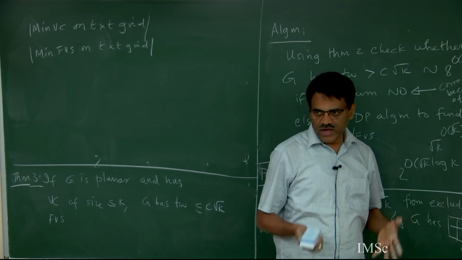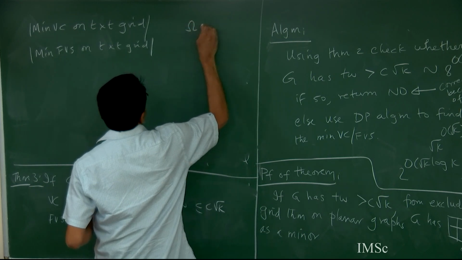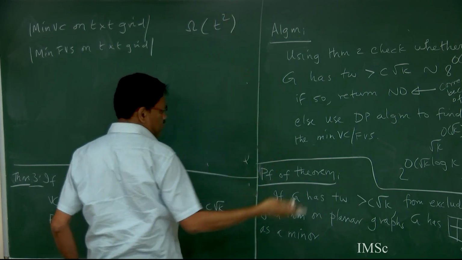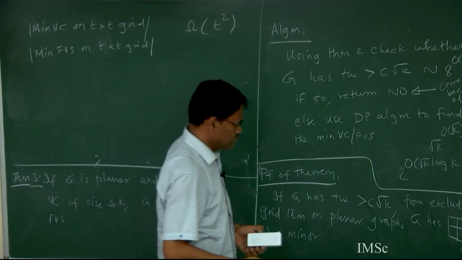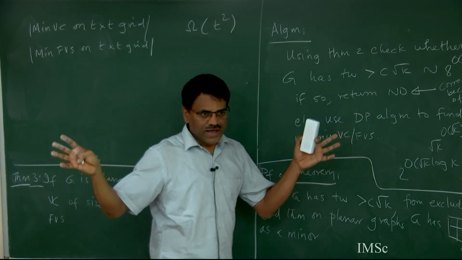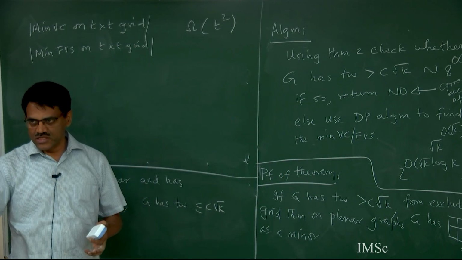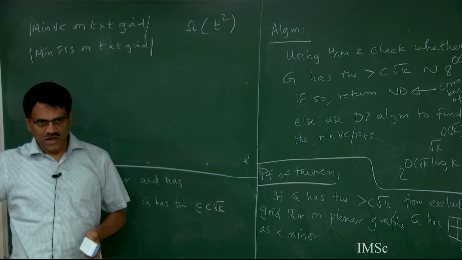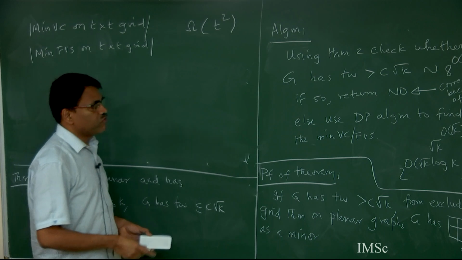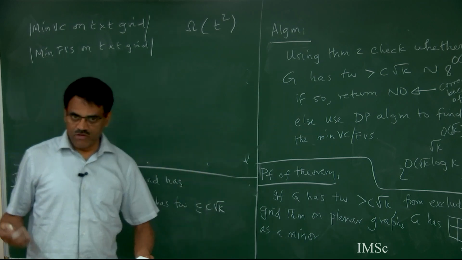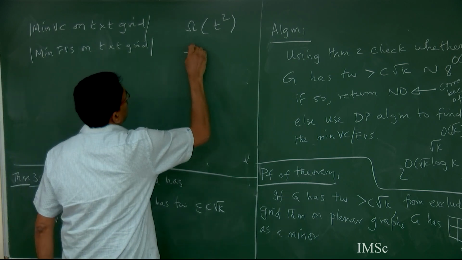So you need omega T square vertices to cover all edges. Same with the feedback vertex set, because there are lots of disjoint cycles. A T by T grid will have something like T square by 4 disjoint cycles. You pick some 4 edges, another 4 edges, and so on, and you get omega T square disjoint cycles. So it's omega T square.